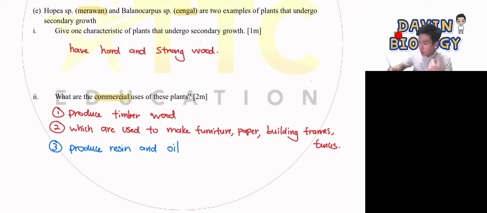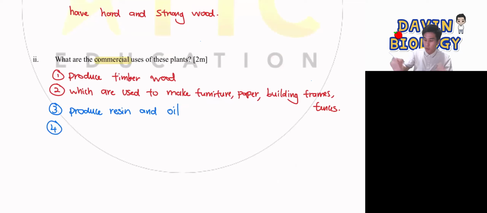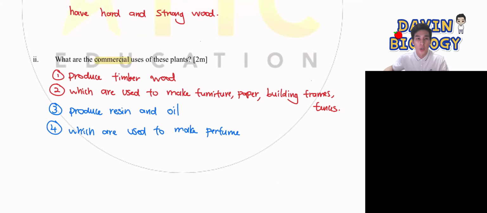Oils are essential oils that are usually used to make perfumes, air refresheners at home. Some of those essential oils, like sandalwood, you pour inside your air diffuser, then your room got a nice smell, right? So basically, you can say it is used to make perfume. So I showed you how to explain.